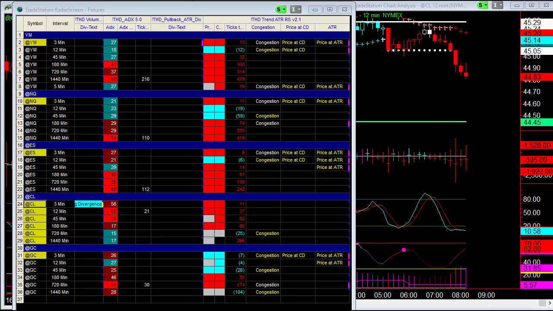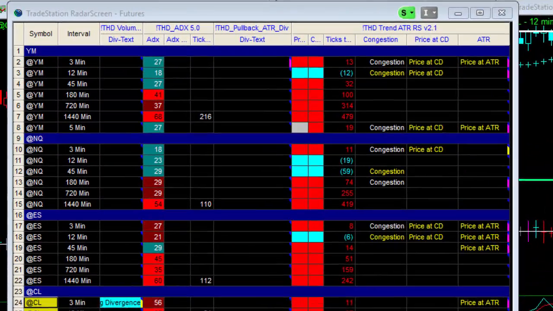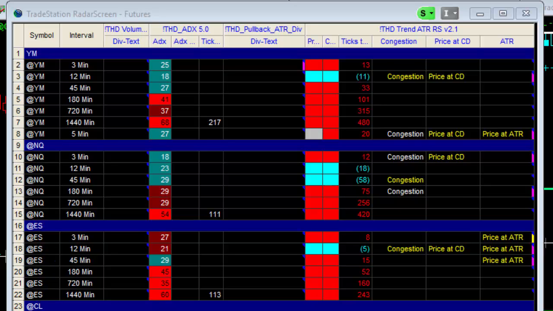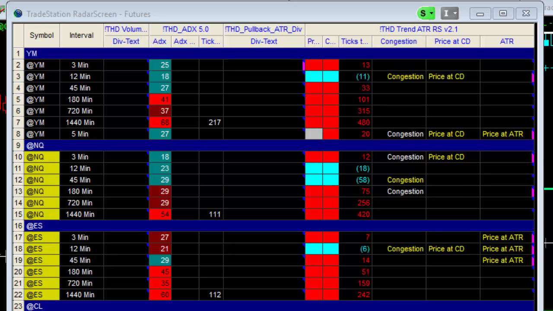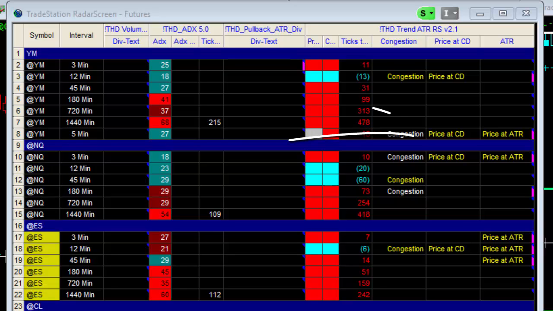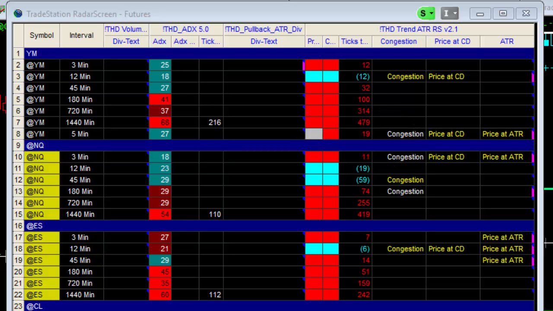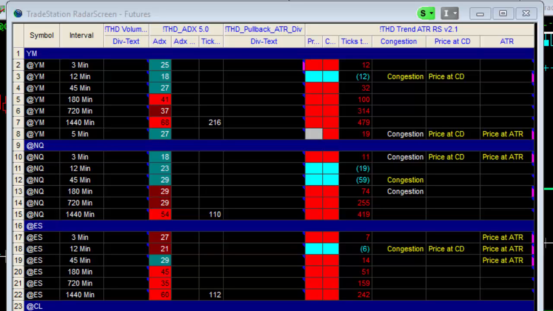Now, this is my typical TradeStation workspace, and you can see that I'm monitoring all of the instruments in the radar screen, and I know exactly what all of my time frames are doing. If it says price at CD or it says price at the ATR, then that tells me I need to go and analyze that particular chart because we may have divergence of some type there.